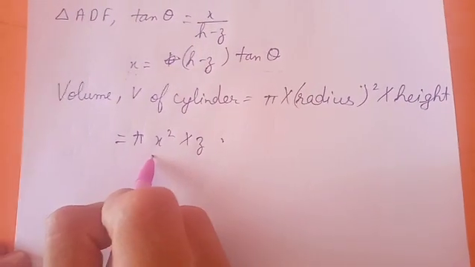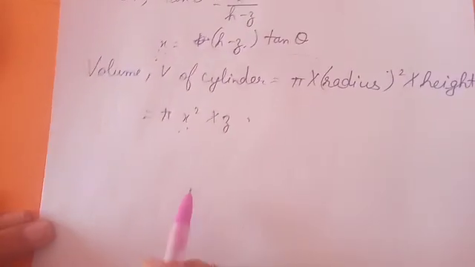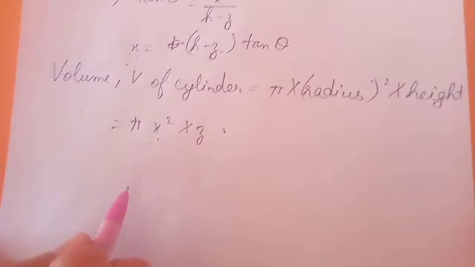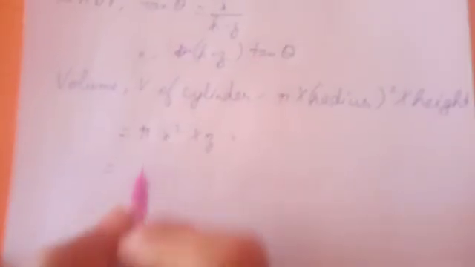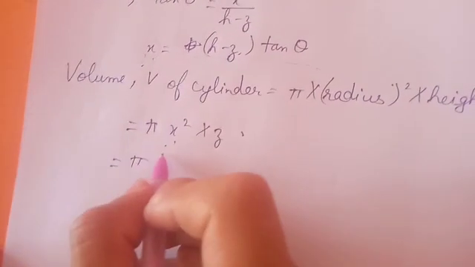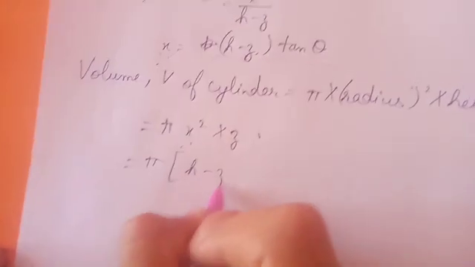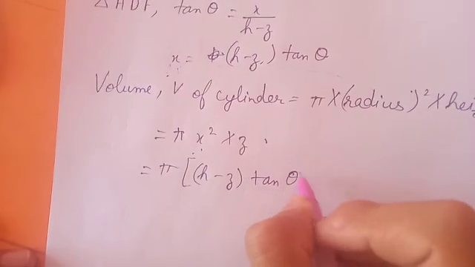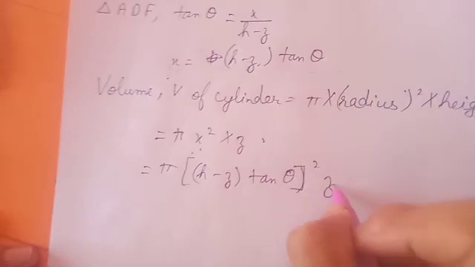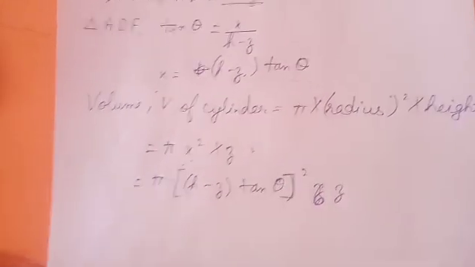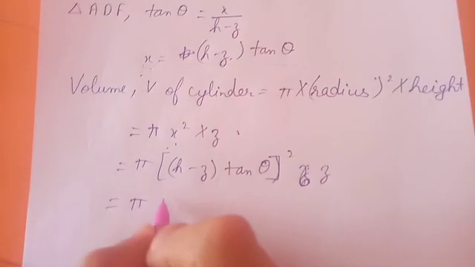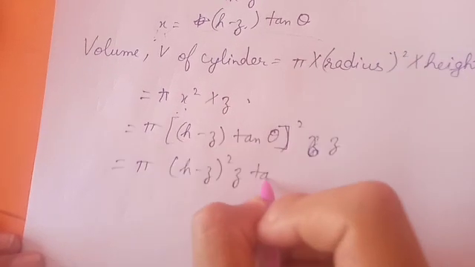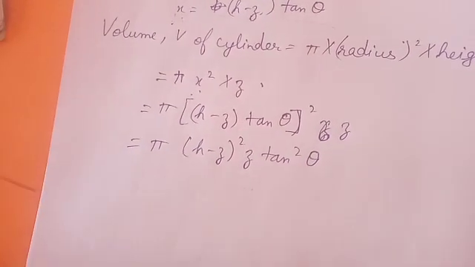Now we have the value of x, so we can replace it with our obtained value. So it will be pi into h minus z tangent theta square into z. Okay, so the next step will be pi h minus z whole square z tangent square theta. This is the volume.